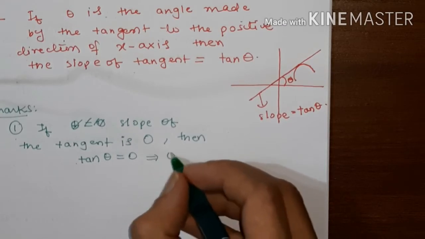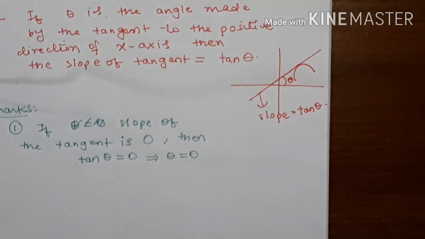That means theta is equal to 0, because tan of theta is 0.